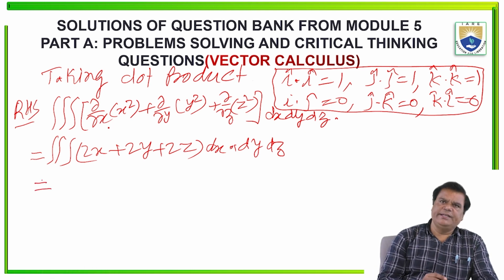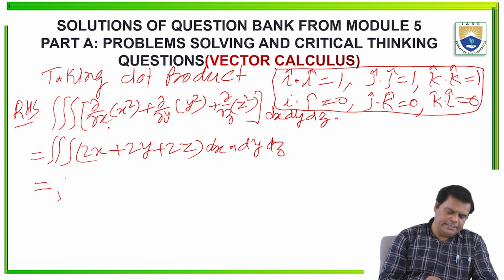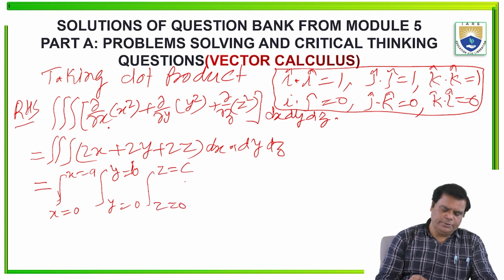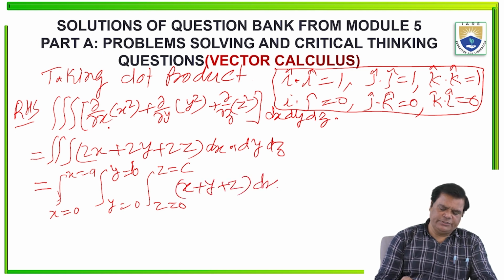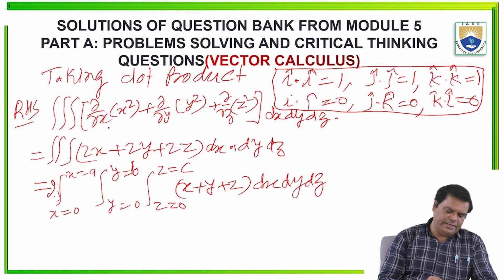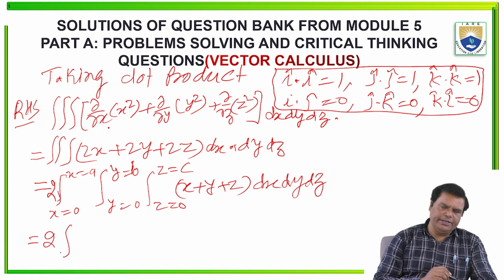So now triple integration here, x equal to 0 to a, y equal to 0 to b, and z equal to 0 to c. So x plus y plus z and dx dy dz. Okay. So 2 is common here.